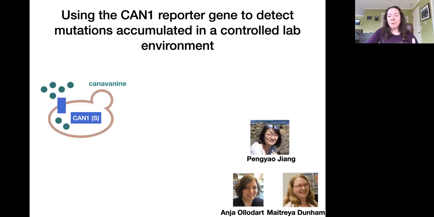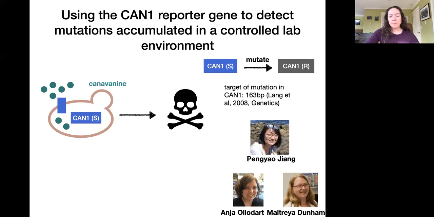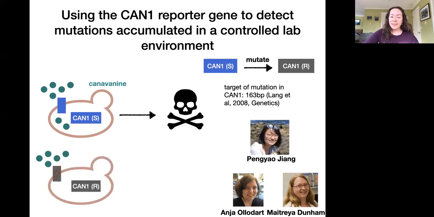The way that works, which any yeast people in the audience know, is that when yeast with a functional canavanine transporter is grown in the presence of a drug called canavanine, the transporter imports the canavanine, a toxic analog of arginine, and the cell dies. But if you have a spontaneous mutation in CAN1 that disrupts its transporter activity, you get a resistant strain, which you can grow in the presence of canavanine without dying.